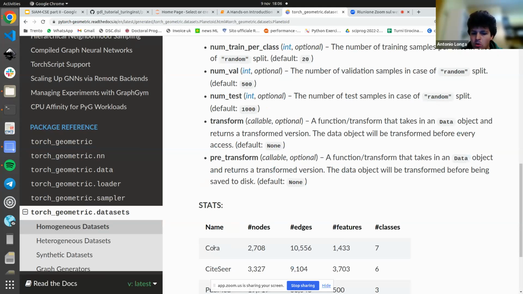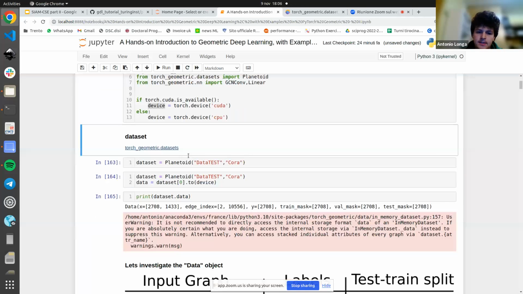Today, since it's the smallest and I'm running on my laptop, we are going to use Cora. So in practice, once we have imported, with from torch_geometric.datasets import Planetoid, we simply call the class, specifying the folder in which I would like to download the file and the name of the dataset I would like to download.